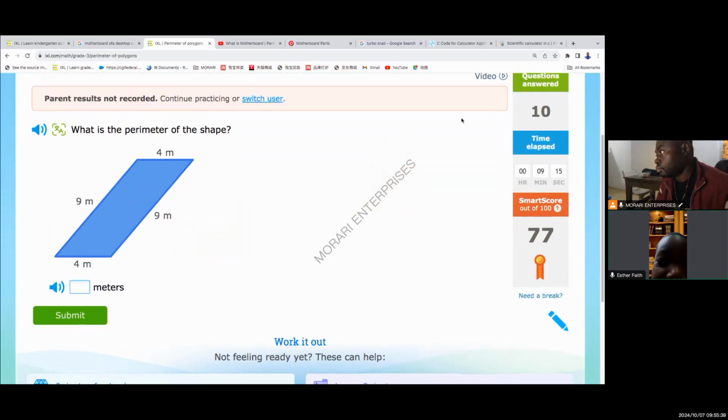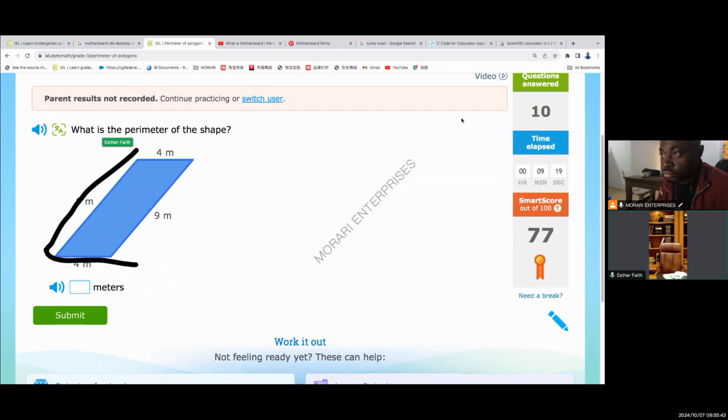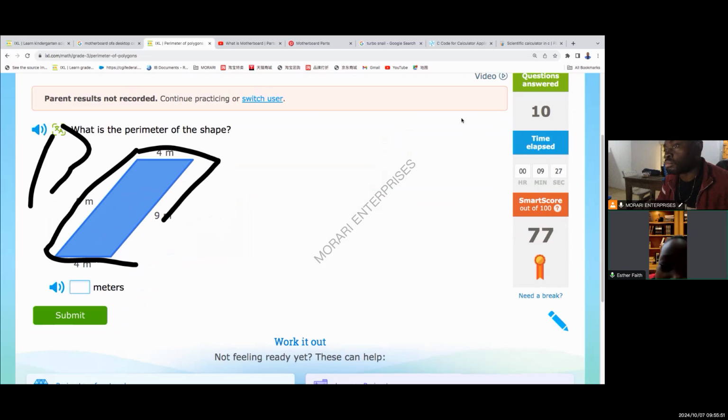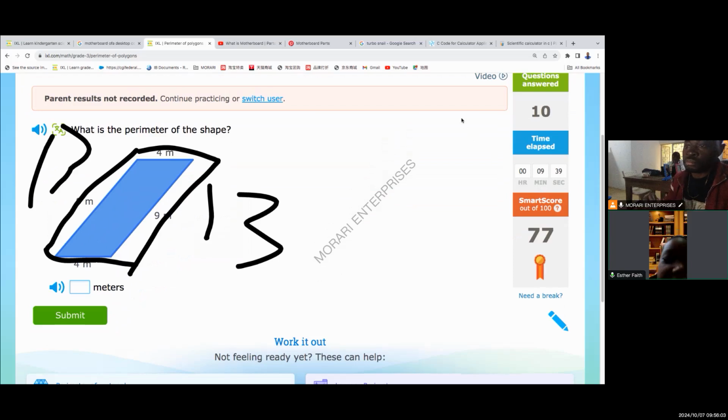What is the perimeter of the shape? 9 plus 4 is 13. This is 13. 4 plus 9 is 13 too. 13 plus 13 is 26. 26 meters.